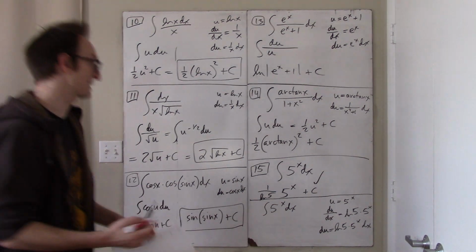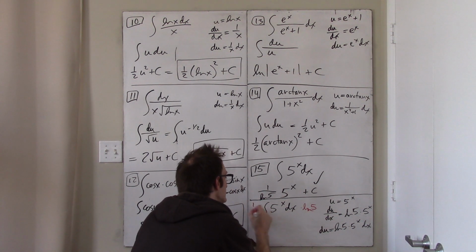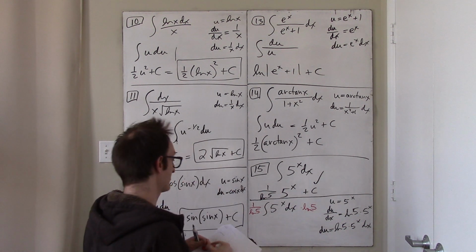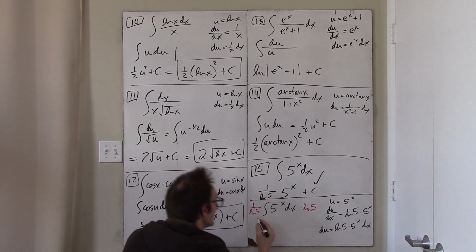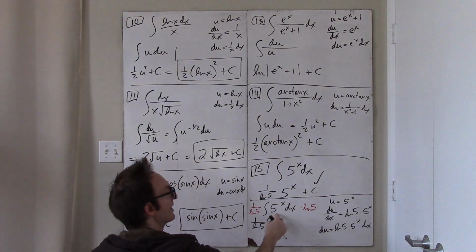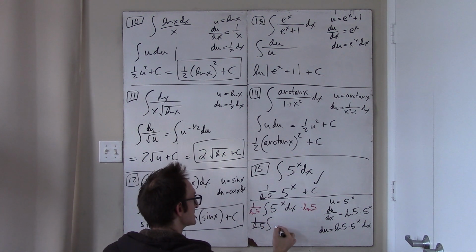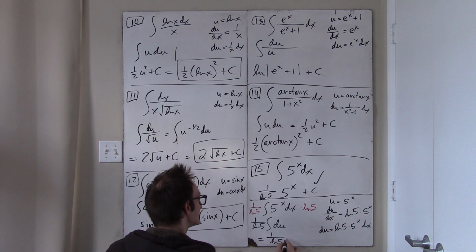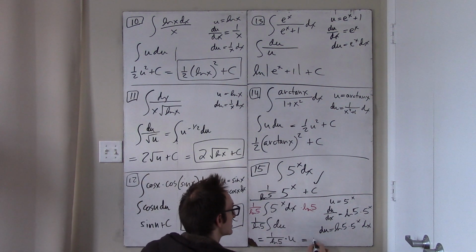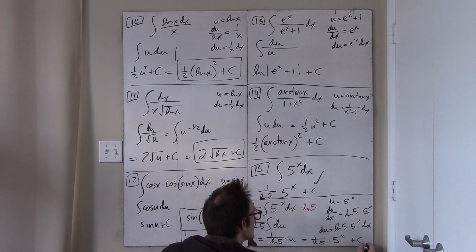So I need to stick in an ln 5 and undo the damage with a 1 over ln 5, which is, after all, just a number. And if I do that, then what I'm left with is 1 over ln 5 times the antiderivative of, well, that whole thing is just du, right? ln 5 times 5 to the x dx is just du. And that's why the answer is 1 over ln 5 times the antiderivative of du, which is just u. So the real answer is 1 over ln 5 times 5 to the x plus c.